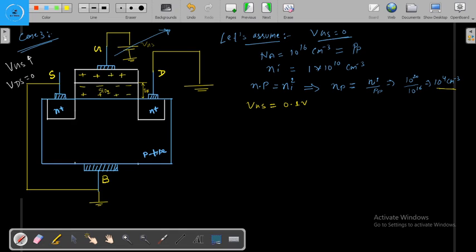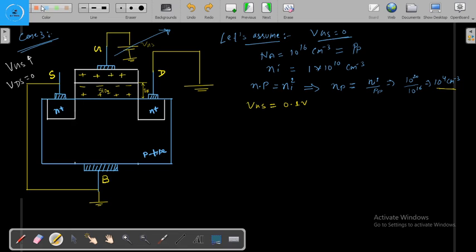Hence this will attract the electron near the Si-SiO2 interface. We make this electron in red color.